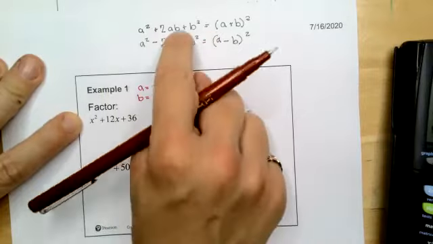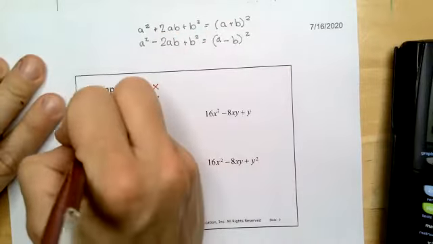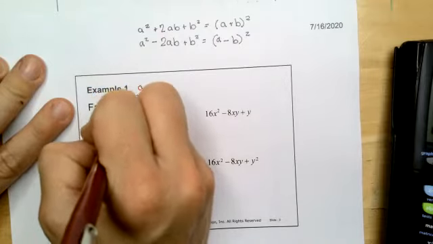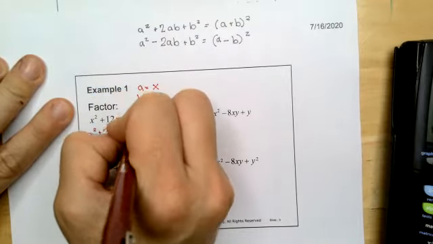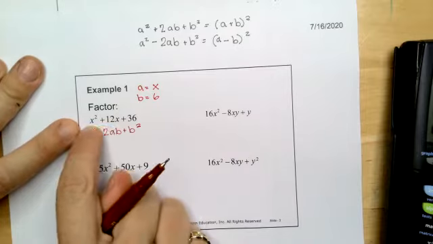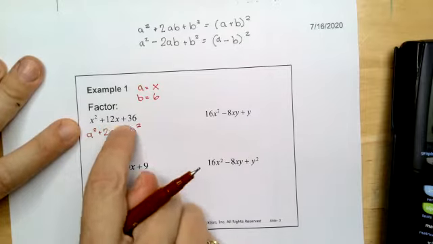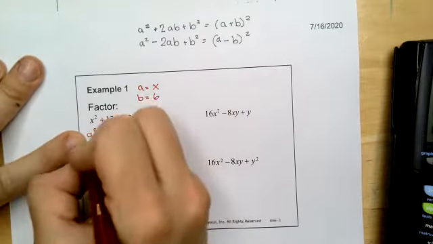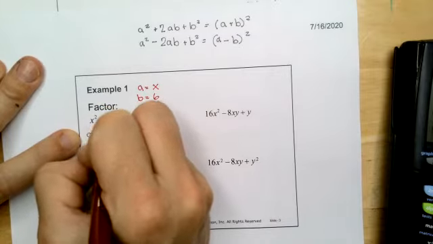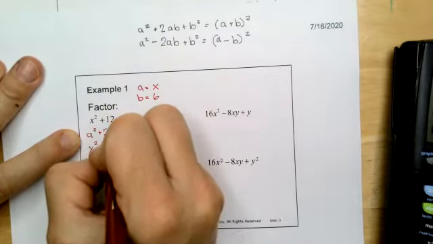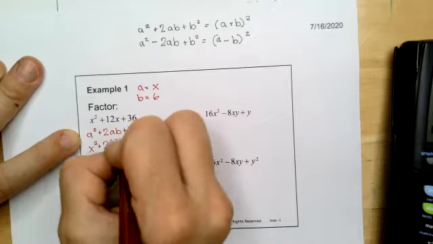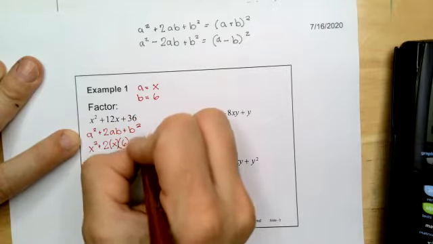And now we're going to test and see if a squared plus 2ab plus b squared will give us x squared plus 12x plus 36. So we said that was x. That was x. That was 6. And then that's 6 squared.